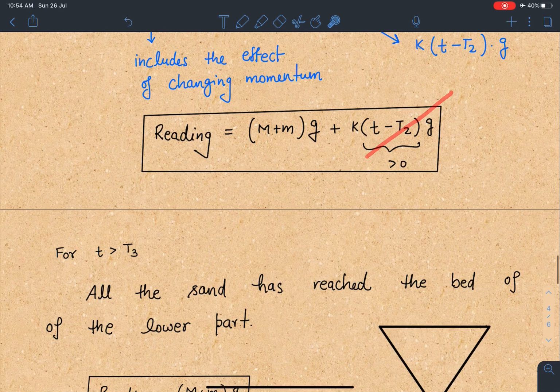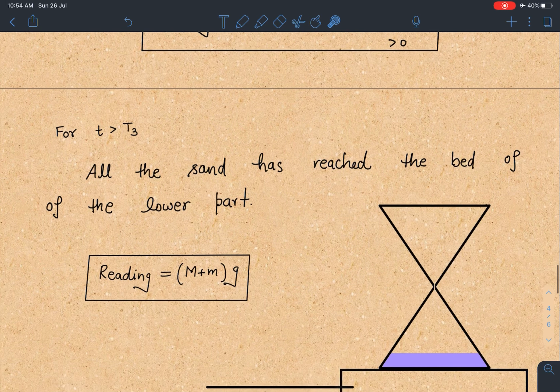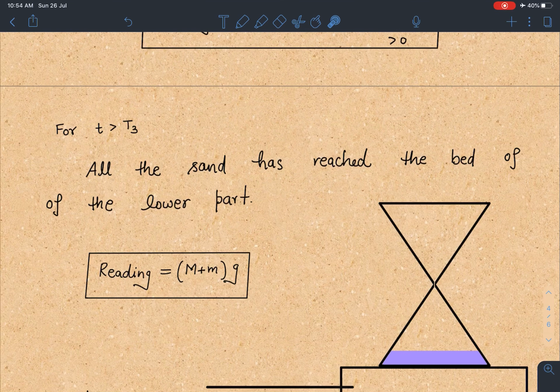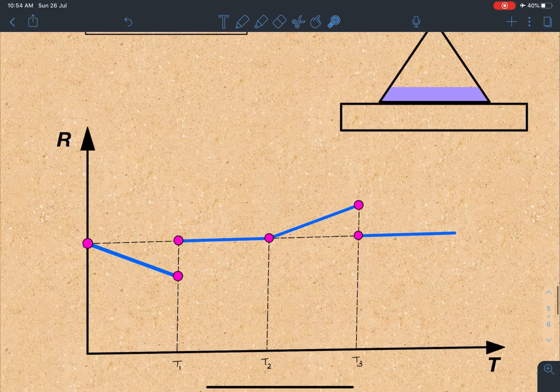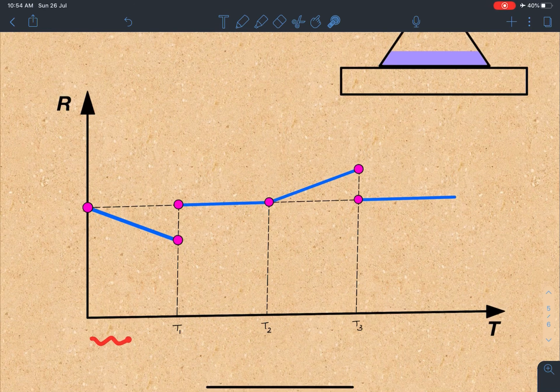Now for t greater than t3, all the sand particles have reached the bed of the lower part of this sand clock, and since all the sand is present in this lower part, I can simply say the reading is reaching the actual value of the weight. So now I'm going to plot this reading versus time graph. If you remember, from 0 to t1 the value was decreasing linearly, and then suddenly for t greater than t1, it was reaching the exact value of the actual weight, right?